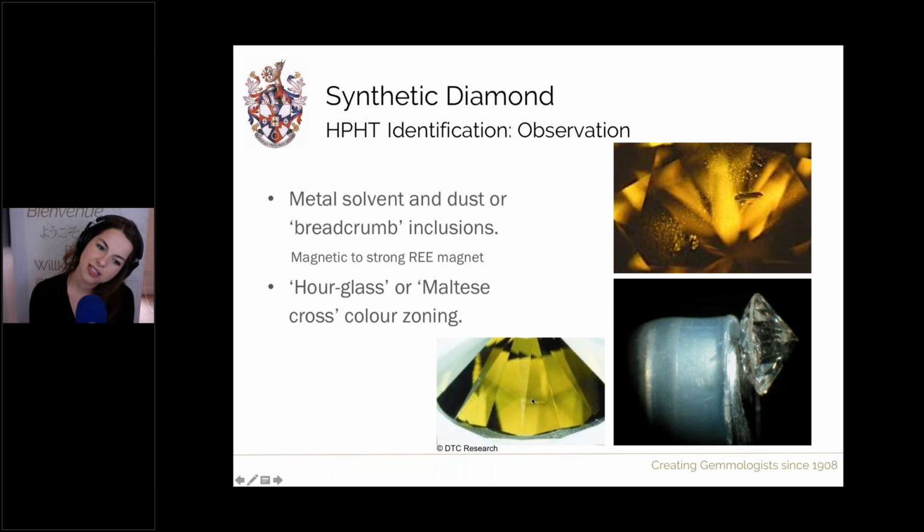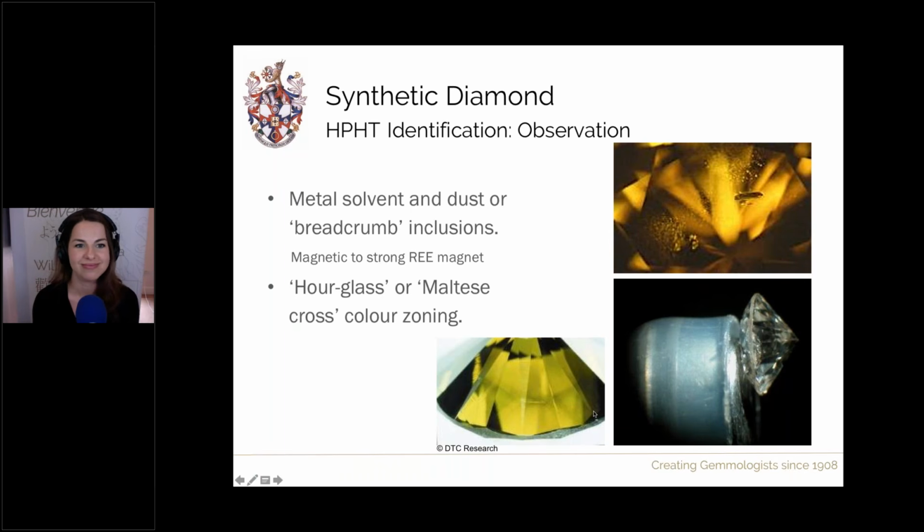If you turned your head to the side, you would see that hourglass shape. Or it could be called a Maltese cross color zone, when there's two of these hourglass color zones, but at 90 degrees to one another. That's a Maltese cross. So these are seen in some HPHT synthetic diamonds, but only those that show colour. So only in your yellow or your blue synthetic HPHTs, or maybe if they've been treated afterwards to become another colour.